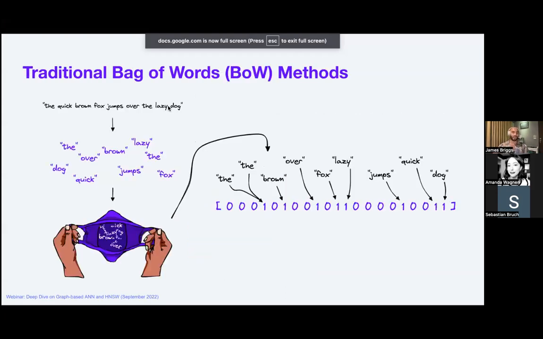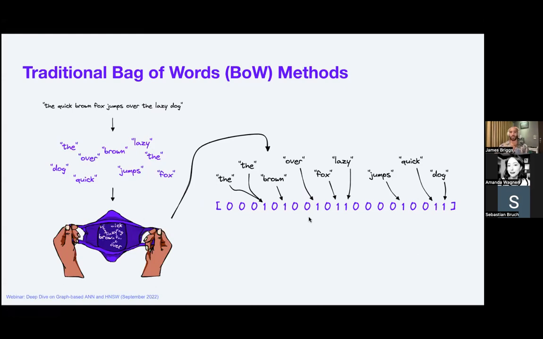Right. So traditionally, a little while back, there were bag of words methods for this. Imagine you have a sentence here. You split the sentence into individual chunks of words, in this case, and you put them into a bag.